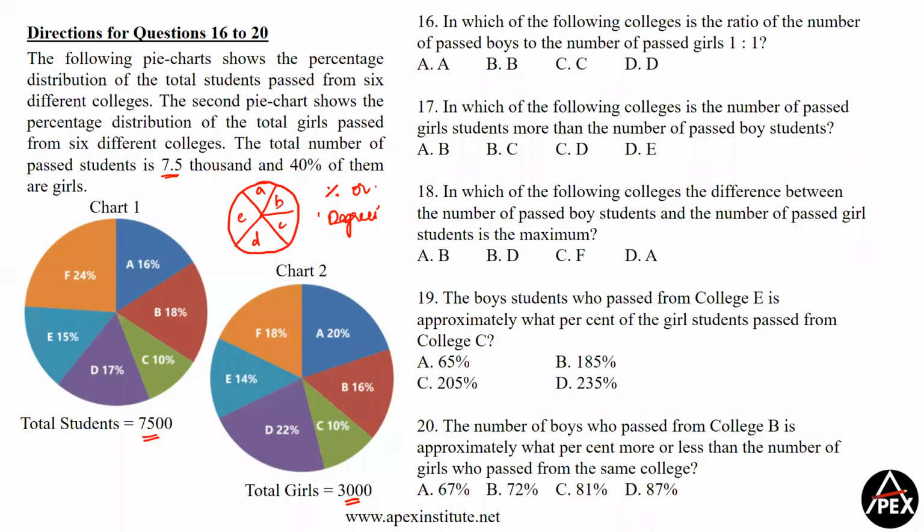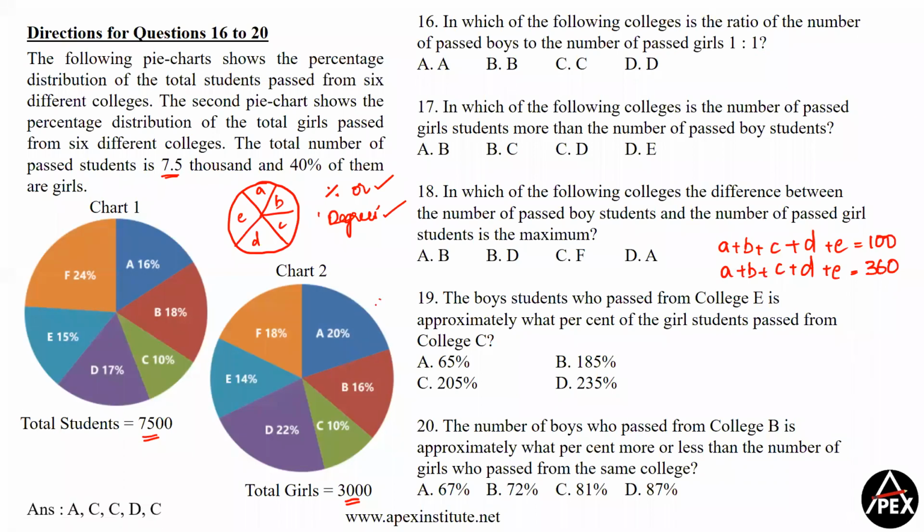Now, when can I say that the given data is in percentages or in degrees? Perfect. If the sum of all these numbers, A plus B plus C plus D plus E, is 100, then I can say that the given values are percentages. When will that be in degrees? Perfect. If the sum is 360. If the sum of all these 5 numbers is 360, then we can say that the given values are in degrees. Here we are directly given percentages.